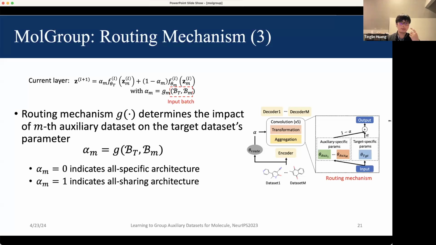A higher gating score means that the routing mechanism encourages the model to use more of the target dataset's parameters, but a lower one means that each dataset tends to use its own specific parameters. So we believe this routing mechanism can enable such flexibility to quantify their affinity.